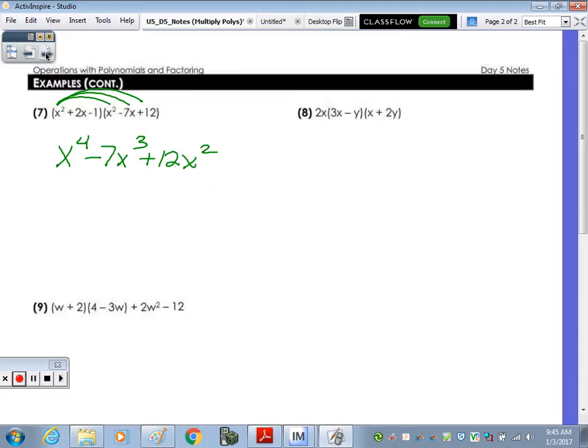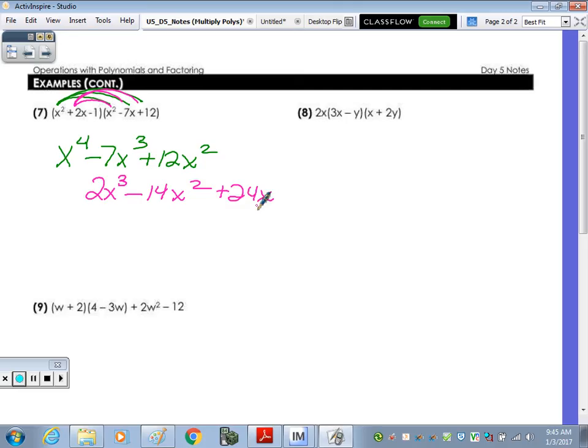So as I do this next product, 2x times x squared, well, x times x squared is x cubed, so 2x times x squared would be 2x cubed. That's one column over. 2x times negative 7x is negative 14x squared. And then 2x times 12 is going to be 24x.